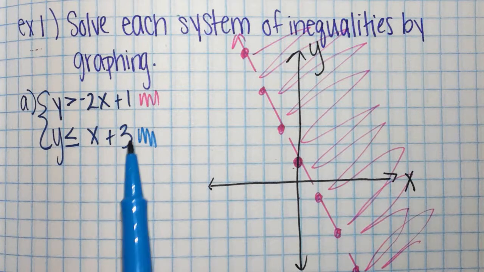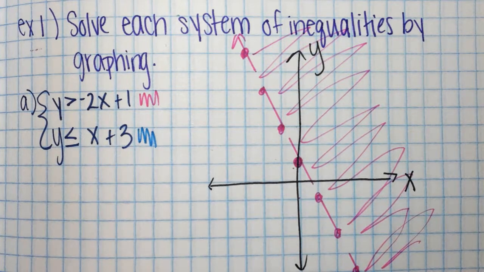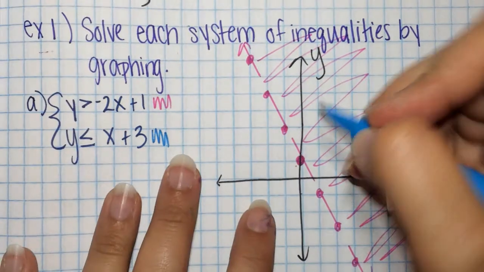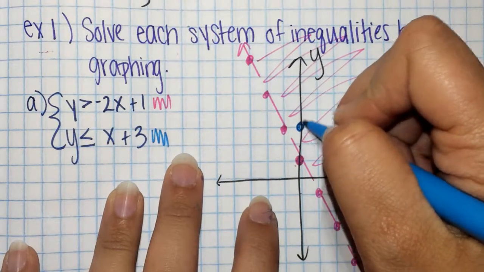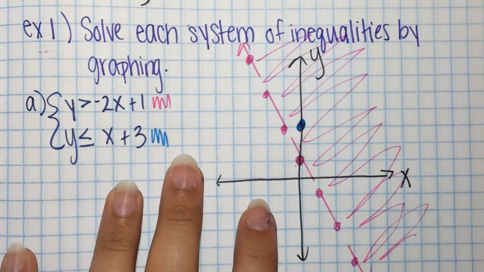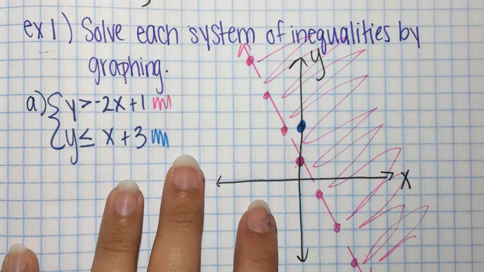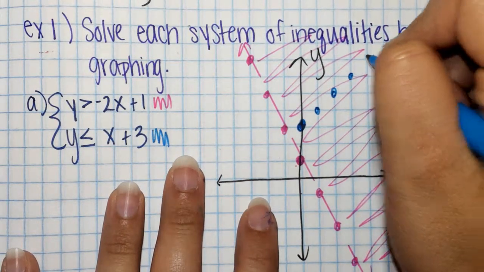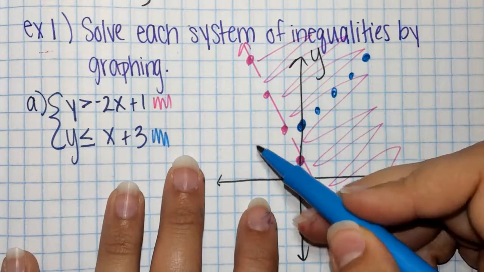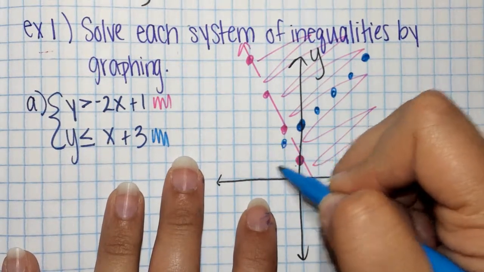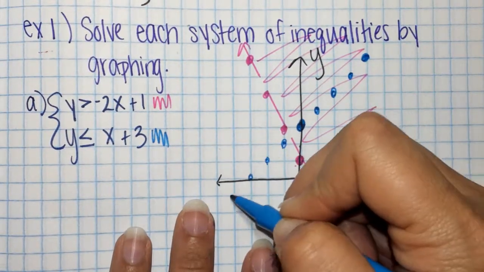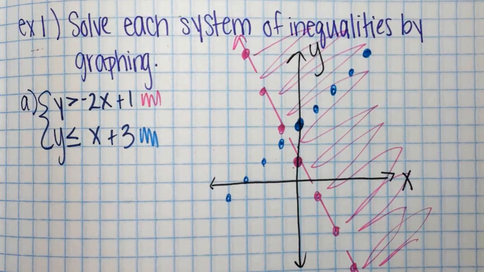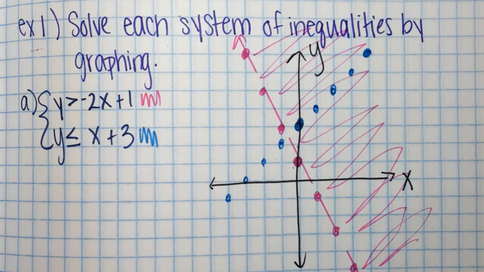Alright, can anybody tell me how to graph the blue line? Up 3. 1, 2, 3. And then what do I do? Should I go down 1 and left 1? Now, when we graphed systems before of equations, we wanted them to cross at a specific point so we could find the answer.